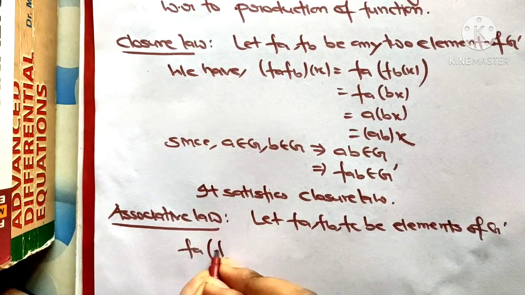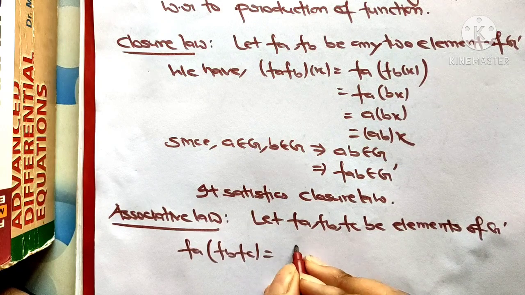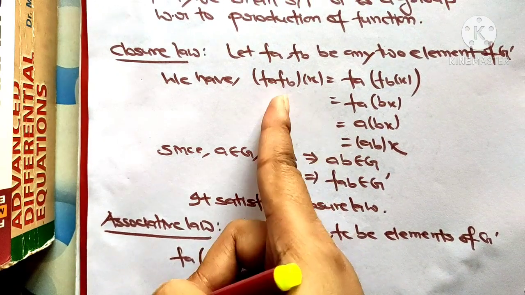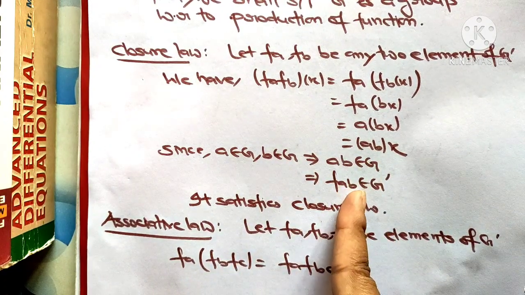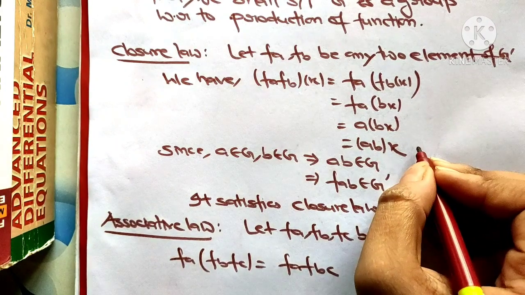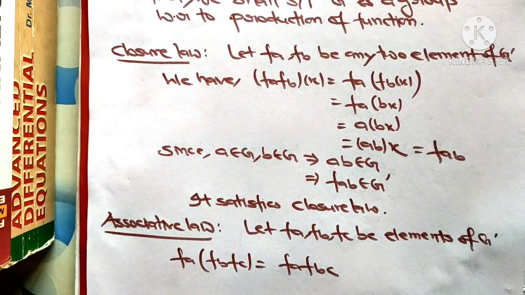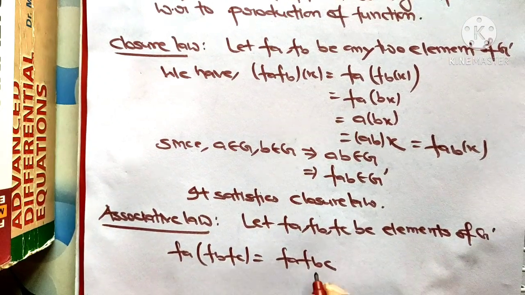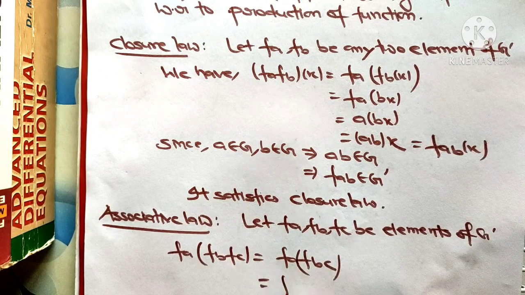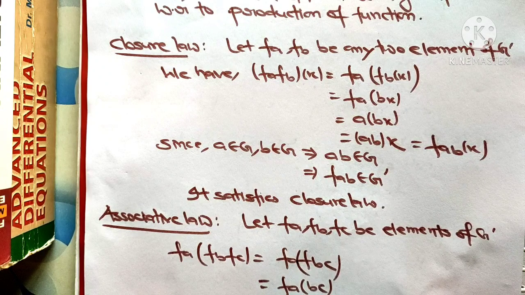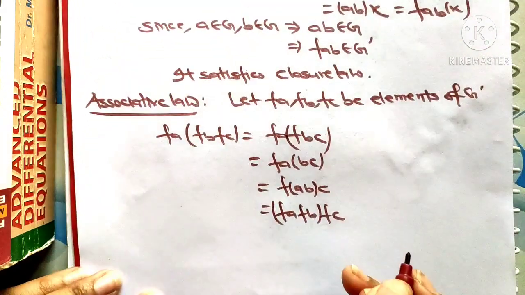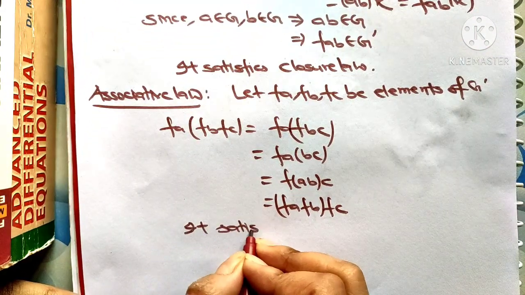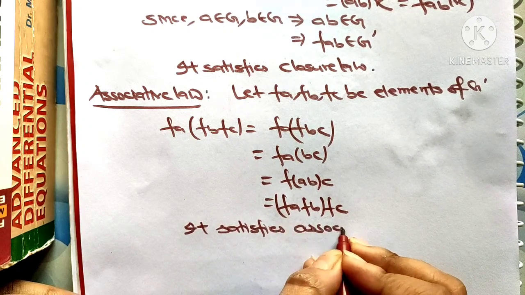Then (f_A f_B) f_C and f_A (f_B f_C). The left side becomes f_AB f_C, and we write this as f_(AB)C(X). Now f_A f_BC becomes f_A(BC), which is f_ABC. So (f_A f_B) f_C = f_A (f_B f_C). It satisfies associative law.